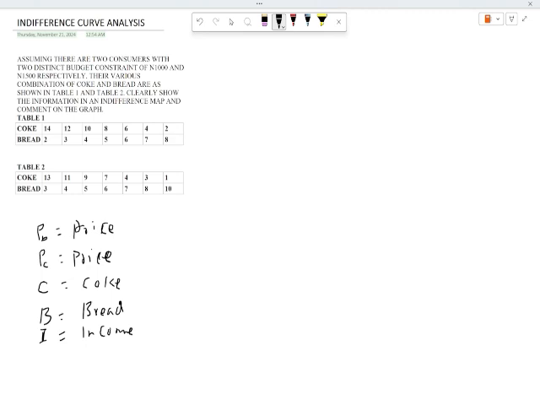Now we can have the budget equation: PC times C plus PB times B equals I. So whatever the price may be will determine how many of coke and how many of bread you will get.